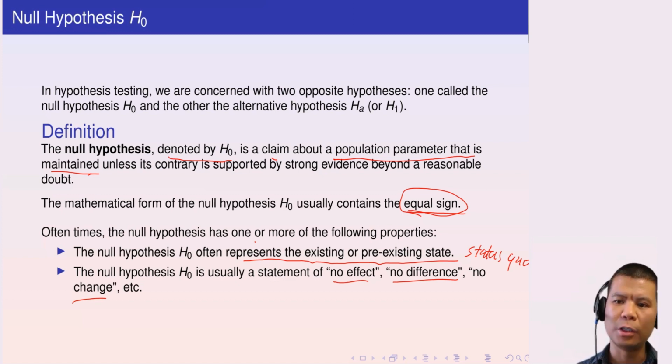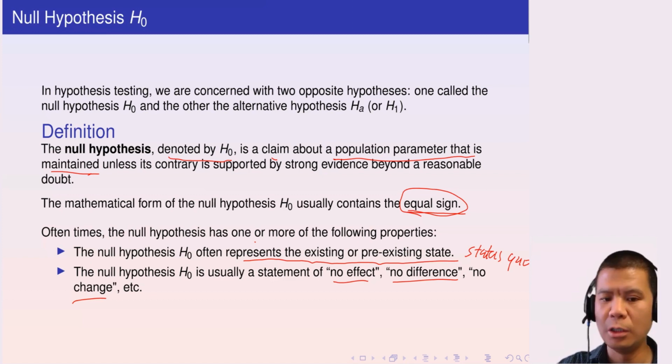This claim, innocent, is maintained unless there is strong evidence against this defendant, strong evidence beyond a reasonable doubt. Then you can say this defendant is guilty. Otherwise, the defendant must remain innocent. It's called a suspect, but not a guilty one.